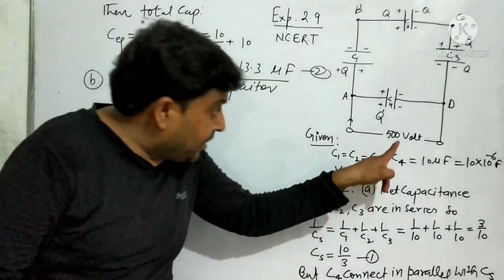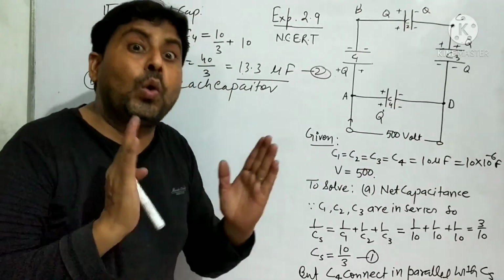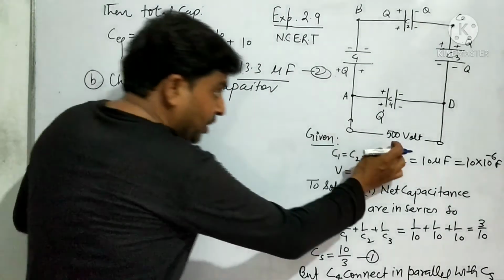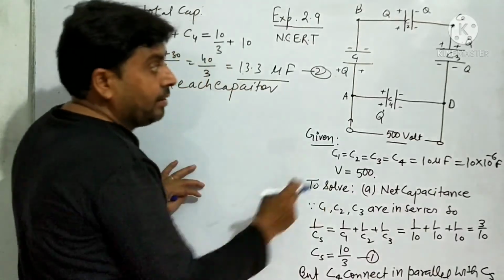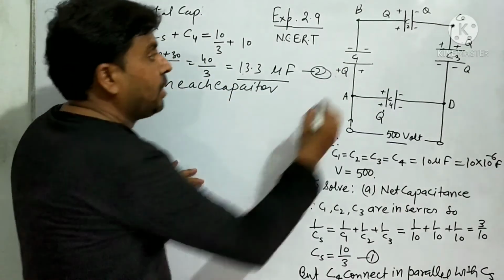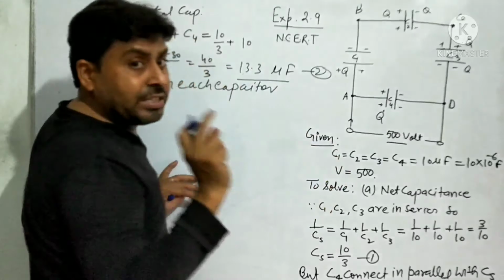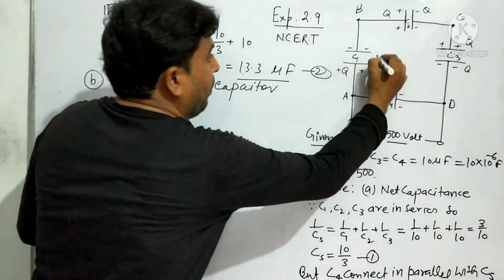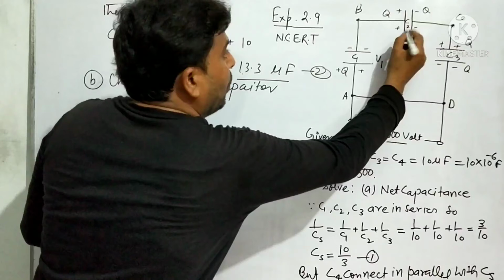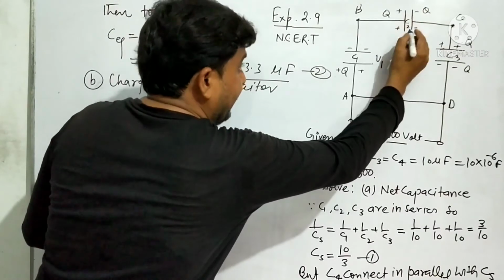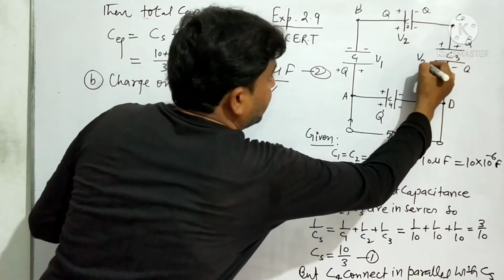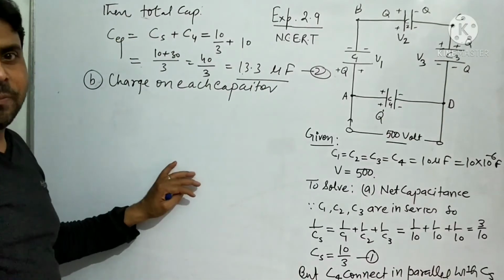What condition? This is the 5 volt supply, total 5 volt supply. So this 5 volt supply will divide into here and here. Means potential difference across the first capacitor will be V1, charge Q, potential difference across second capacitor will be V2, and now potential difference across the third, that is V3.